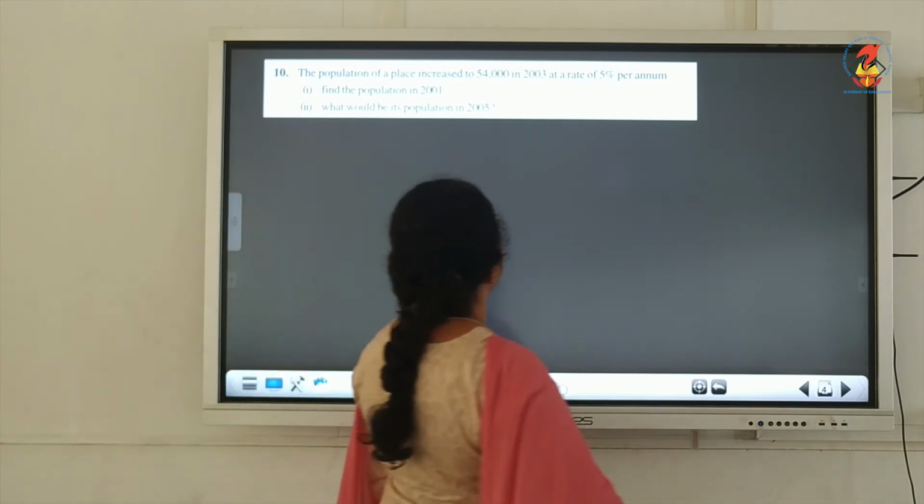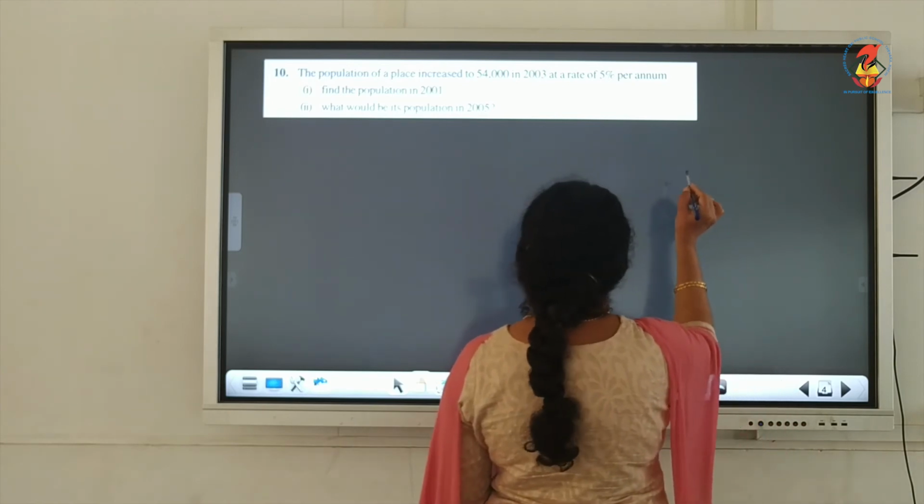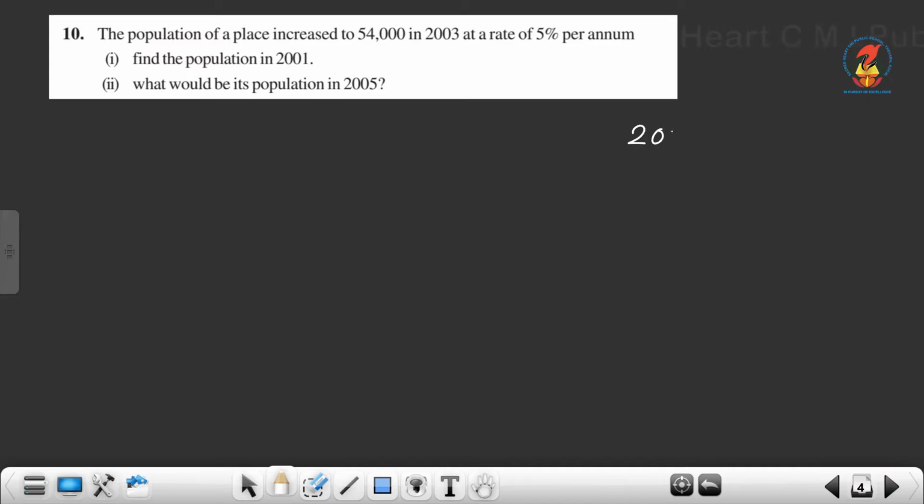So the population of a place is increased to 54,000 in 2003. So in 2003 the population is 54,000. So you have to find out the population in 2001 and what would be the population in 2005.